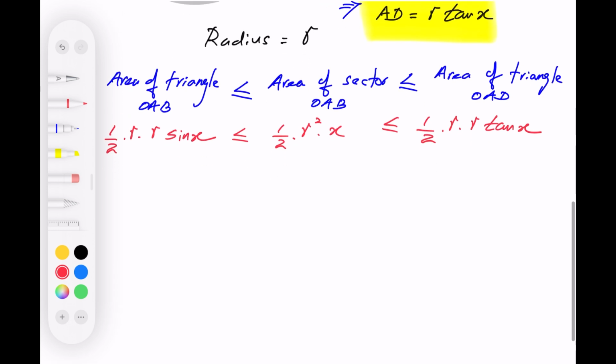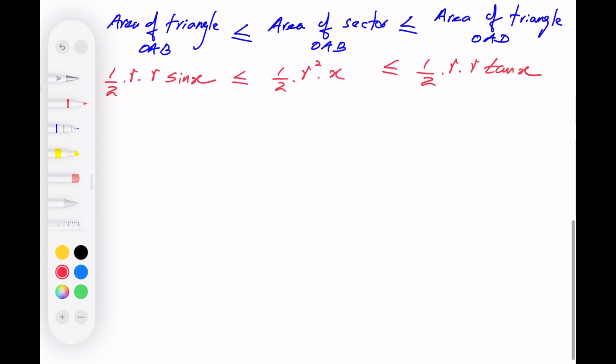Now we can do some simplifications of this inequality. As you can see, we have 1/2 as a common factor in all three of these pieces. Therefore, I can go ahead and divide out 1/2 from all of these. 1/2 is a positive quantity. Therefore, it will not change the inequality. And in addition to that, you can see each term has r squared as well.